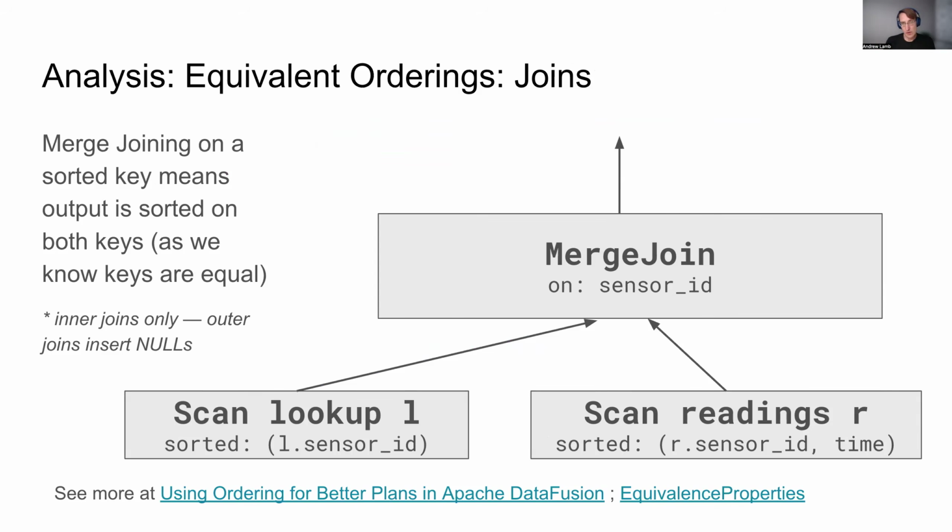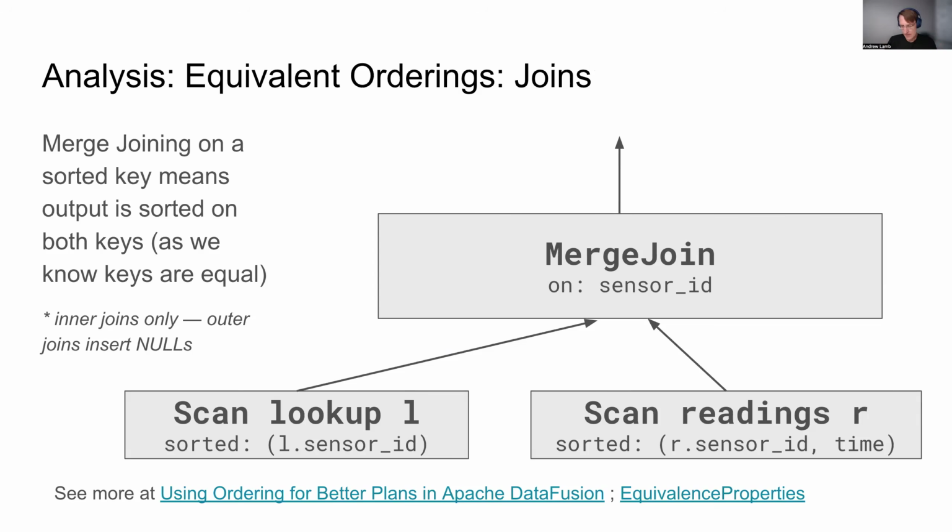And similarly, if you run it through a join, it's a little more complicated, but it's very similar. So if you're merge joining together, and the inputs were sorted on the key, this relies on the particular implementation details of the merge join, but most merge joins will preserve the order.